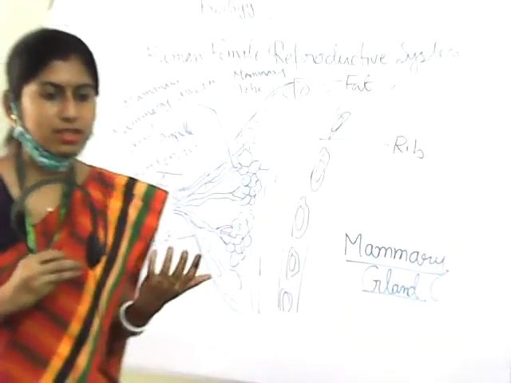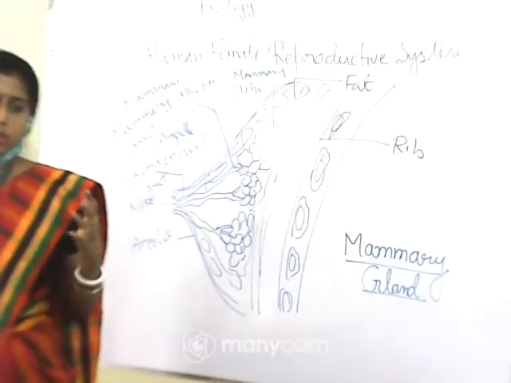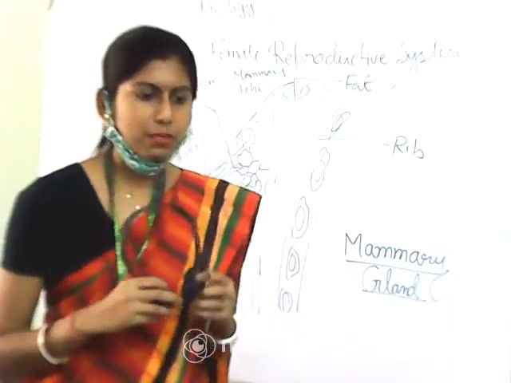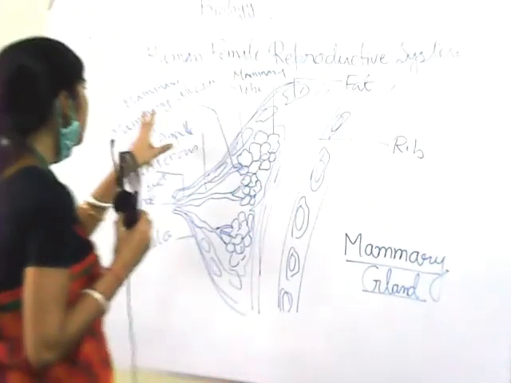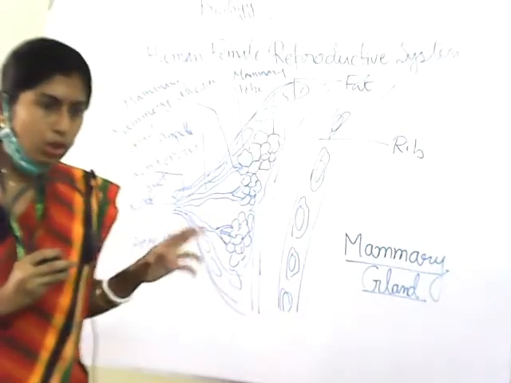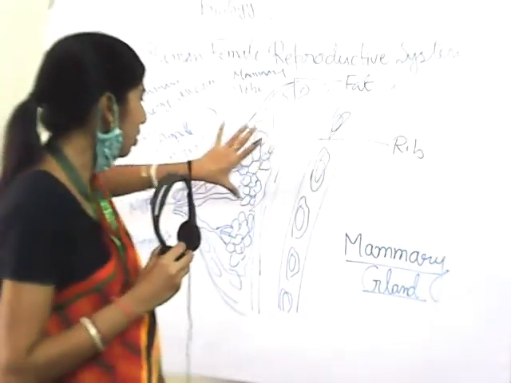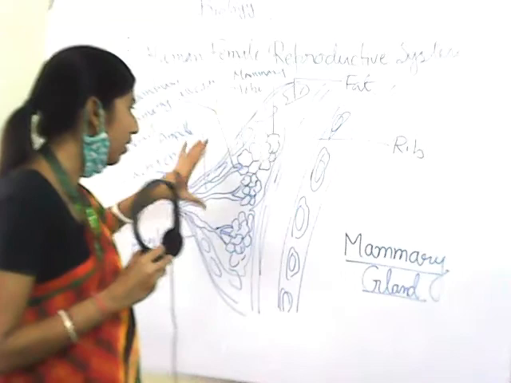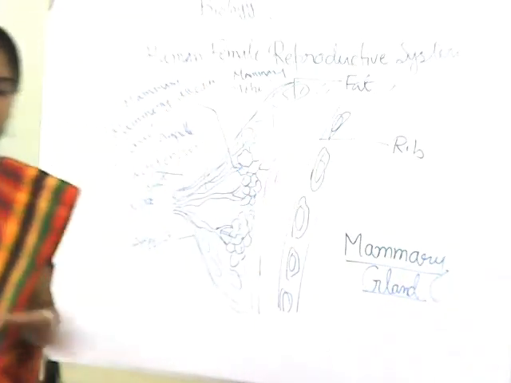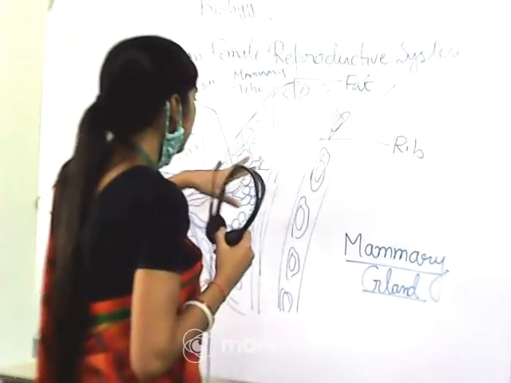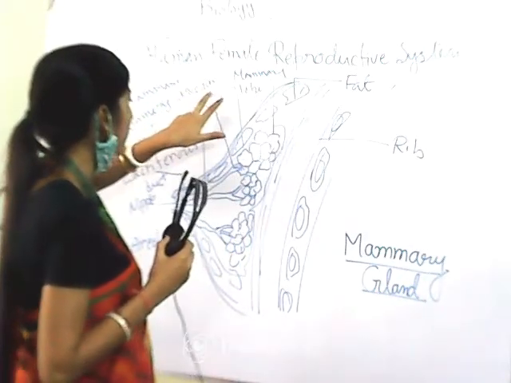The alveoli are present in the lungs, helping in the exchange of gases, but in mammary glands some swollen or balloon-like structures are present which are considered as mammary alveoli. So in this broader portion, inside the mammary gland 15 to 20 mammary lobes will be found, and inside each mammary lobe you will get some balloon-like swollen structures which are considered as mammary alveoli.